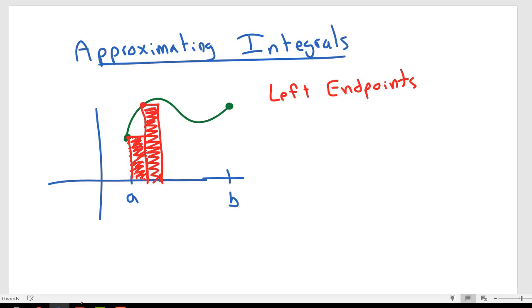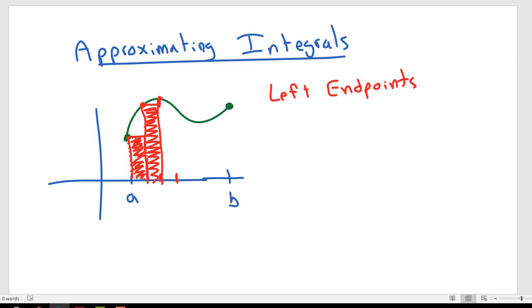For each of these rectangles, we're calculating an area, and it's estimating the area under the curve. Again, what's the area of a rectangle? It's the height times the width, or length times width, or whatever you want to call those dimensions. Then my next interval, from this x value to this x value, I use the left endpoint here.